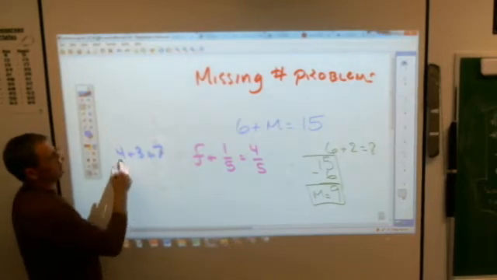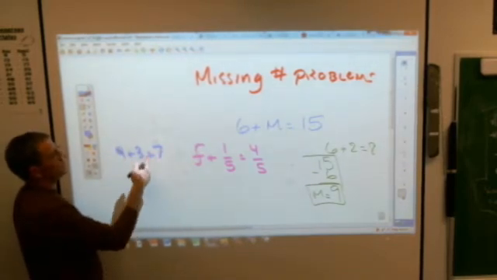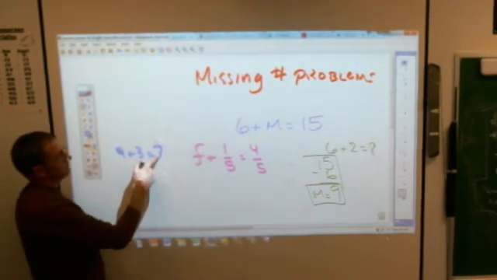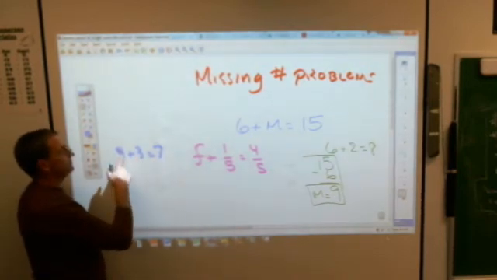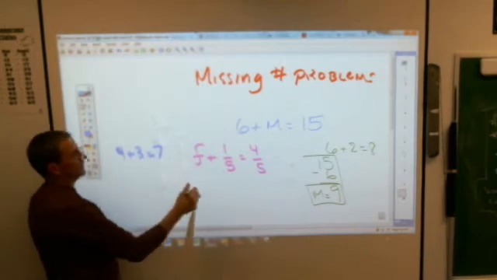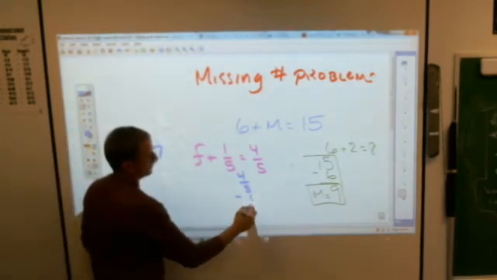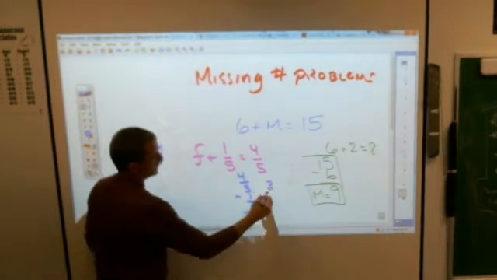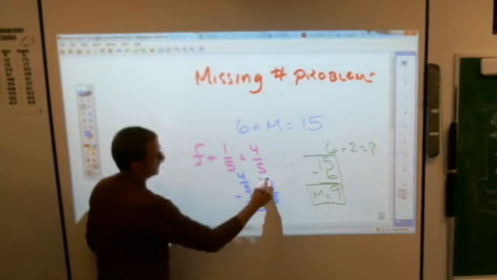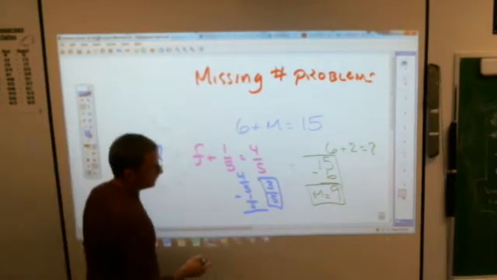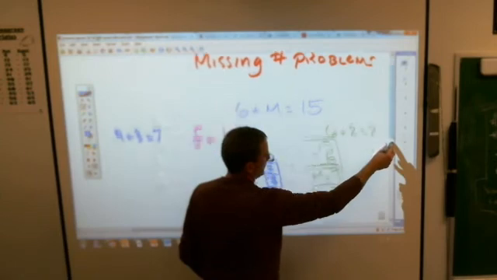If you're missing the first number with these two, what do you do with these two to get 4? Do you add or subtract them? Subtract. So that's what you're going to do here. You're going to do 4/5 minus 1/5. You can do that because they have common denominators. Your answer is 3/5.